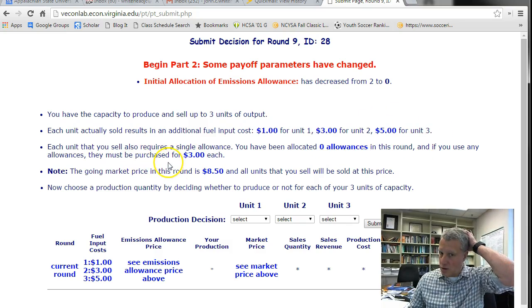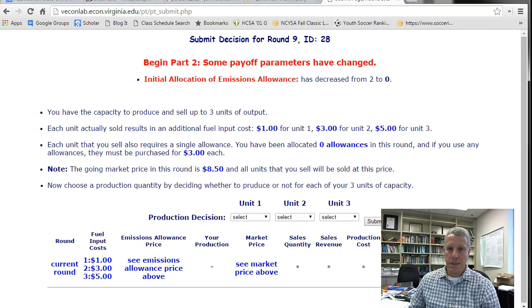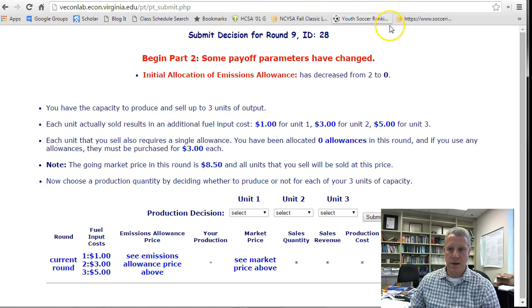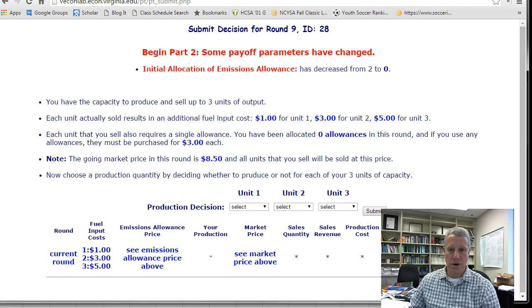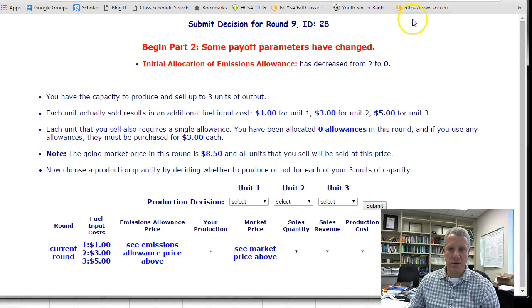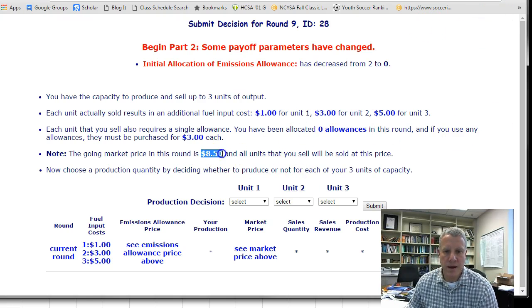So now the cost is explicit instead of an implicit opportunity cost. So actually the decisions get easier once we get to part 2. So now at a price of $8.50, my cost to produce 1 unit is $4.